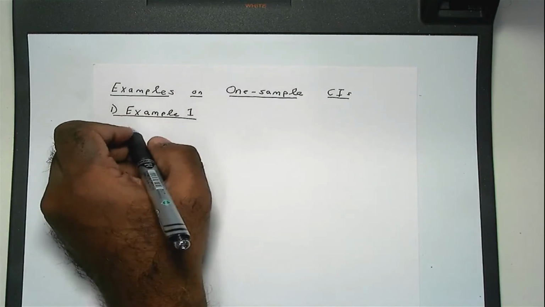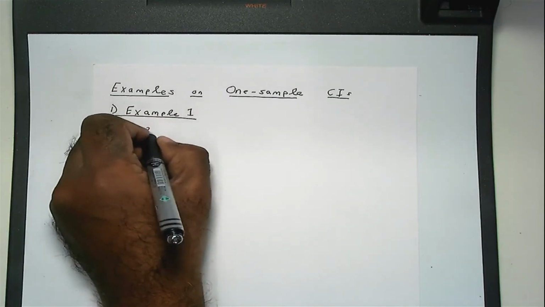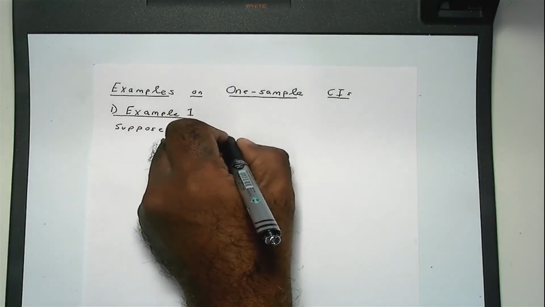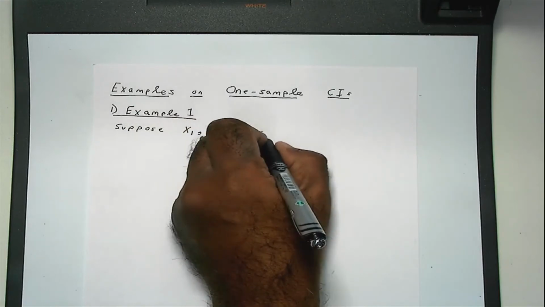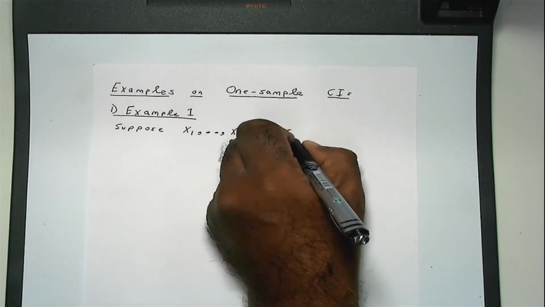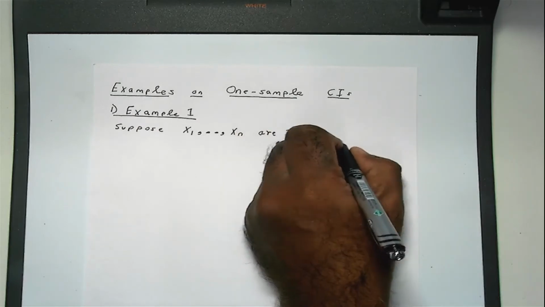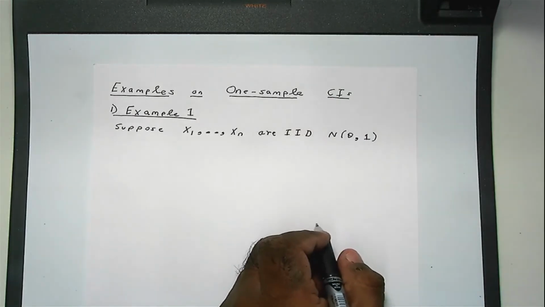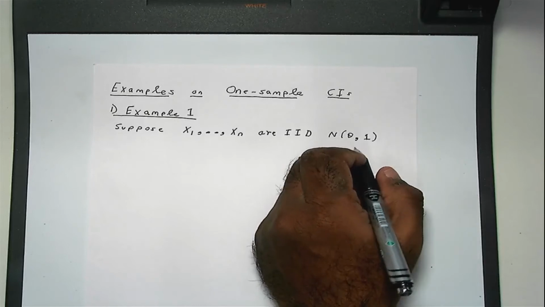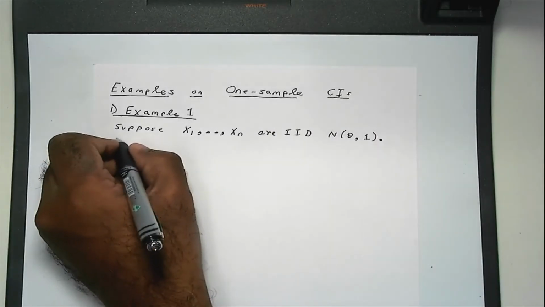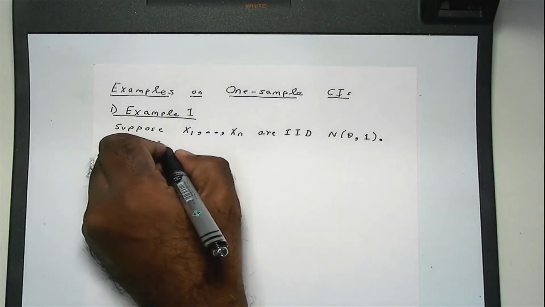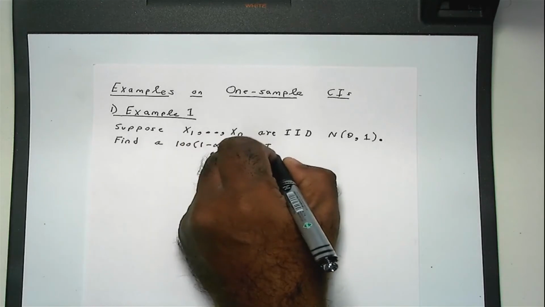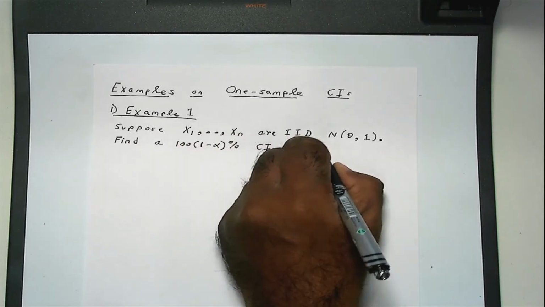Suppose you have a random sample from a normal distribution with mean equal to theta and variance equal to 1. Find a confidence interval.